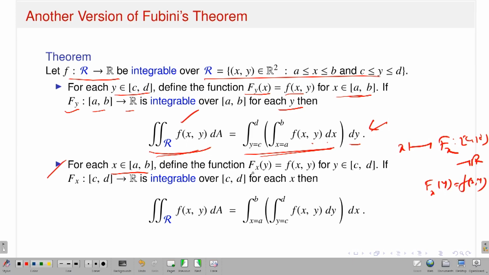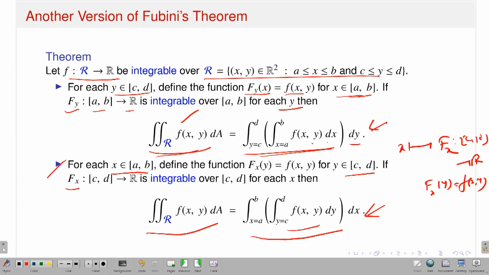This suffix means x is fixed, and y varies over the interval c to d. Again, what will be my assumption? My assumption is that for each x the function capital F suffix x is integrable. If this is the case, then again your double integral is exactly equal to your iterated integral. That means, keeping x fixed, you first perform the integral over the y variable and then perform the integral with respect to the x variable.